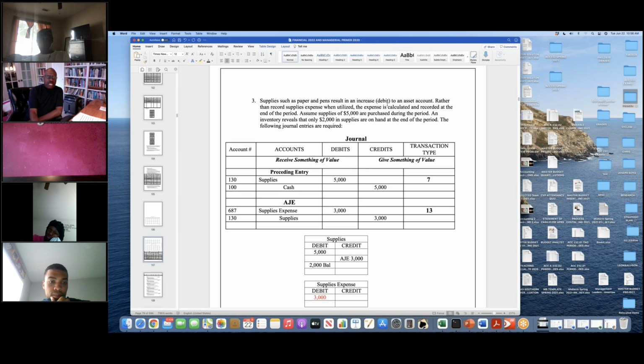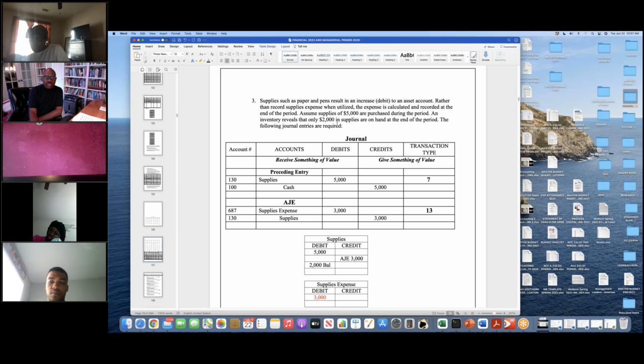We're going to buy the supplies at 5,000, debit supplies and credit cash. Then we're going to see how much we got in supplies at the end of the period. Then we're going to make an entry debiting supplies expense and crediting supplies for the difference between the amount of supplies that we bought and the amount that we have left.